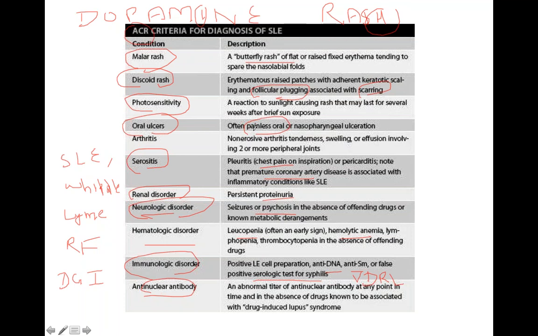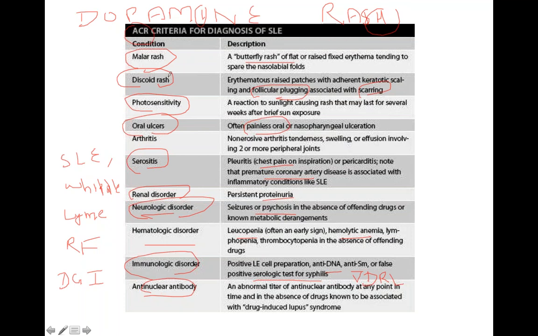Some drugs can cause oral ulcers, like methotrexate, and Candida infection can also cause ulcers. Behcet syndrome and Crohn's disease also cause oral ulcers. So there are a lot of diseases with oral ulcers, but the characteristic feature of SLE is painless ulcers. So whenever you see painless oral ulcers in a question, that is SLE.